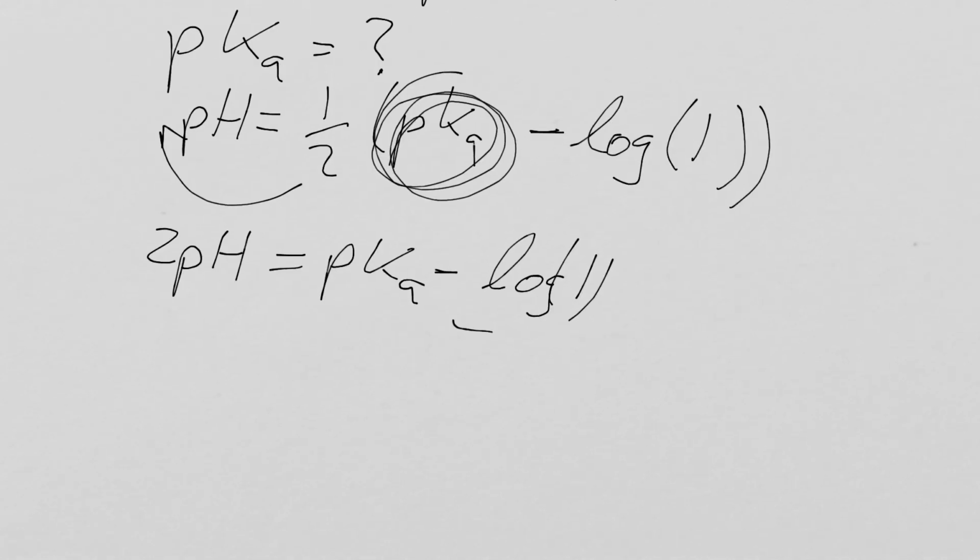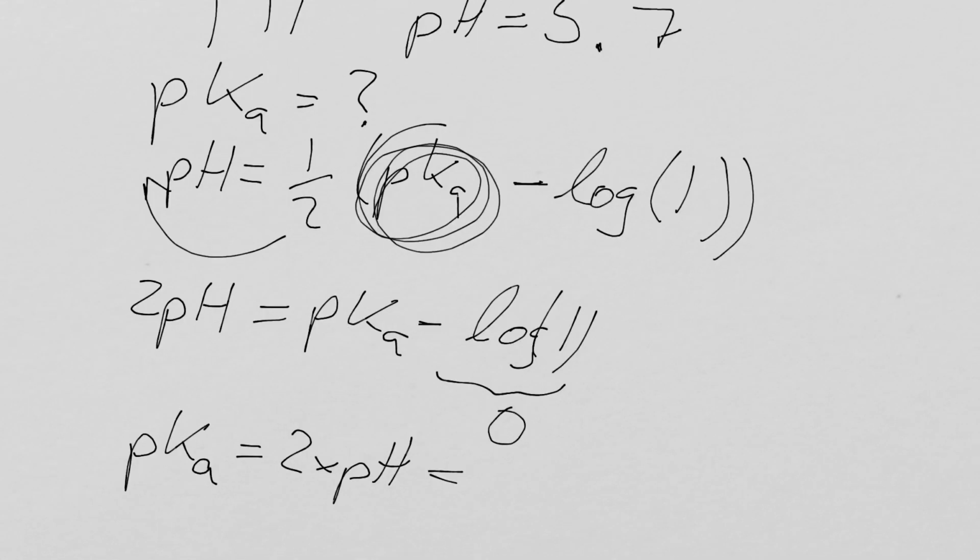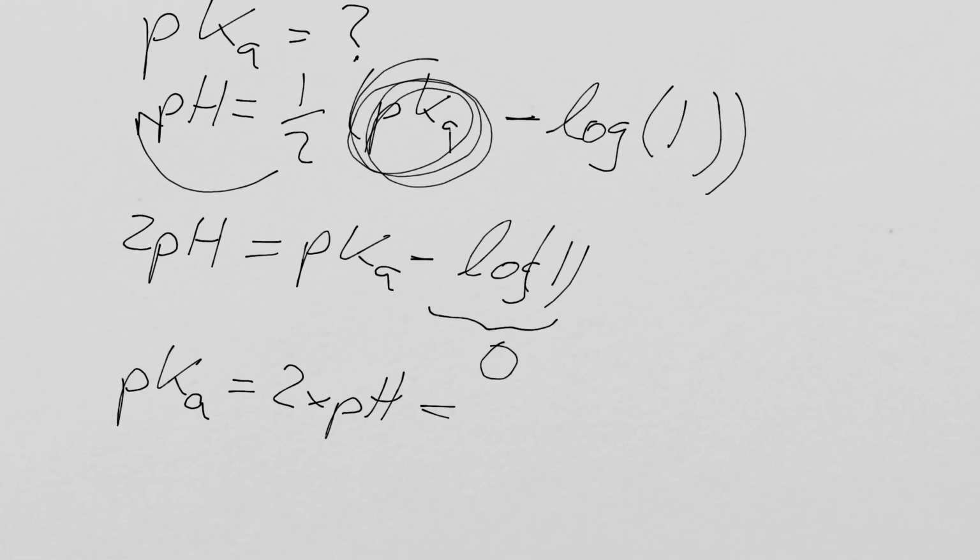Okay, so that's 0. So I don't need to take care of that. And I know that pKa equals 2 times pH. And I said the pH is 5.7, so we have 2 times 5.7. And that gives me 11.4.